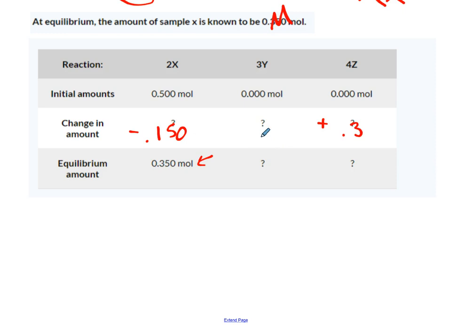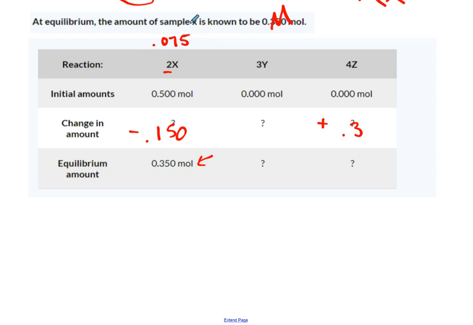This one is a 2 ratio. And if you don't need to do this, you don't need to do this. Since this was a 2, I just divided this number in half, and it was 0.075.